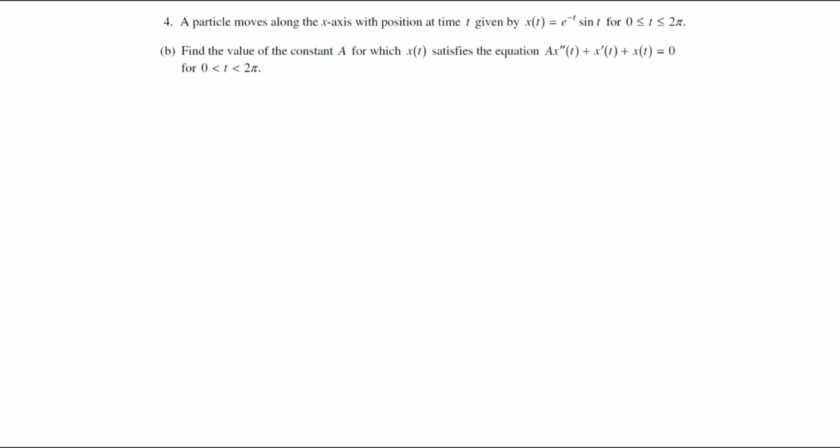So we've already found x prime, right? We already know that x prime was equal to e to the negative t times the cosine of t minus the sine of t. So we've already got x prime, and we've already got x of t, but we still need to find x double prime of t.